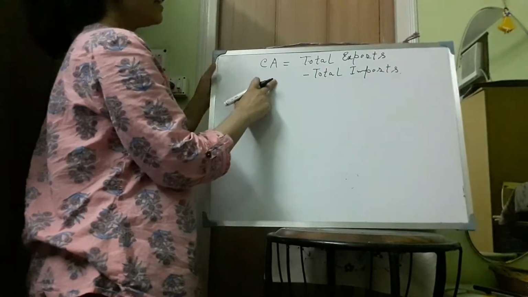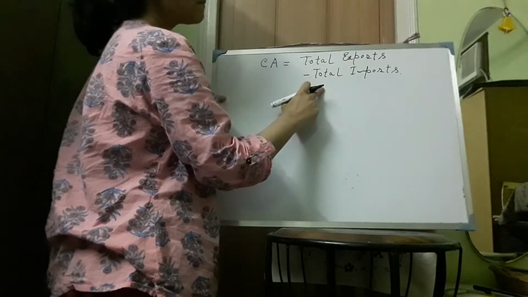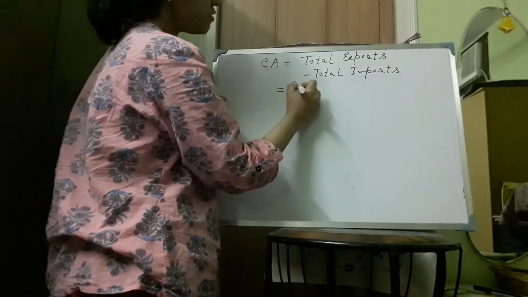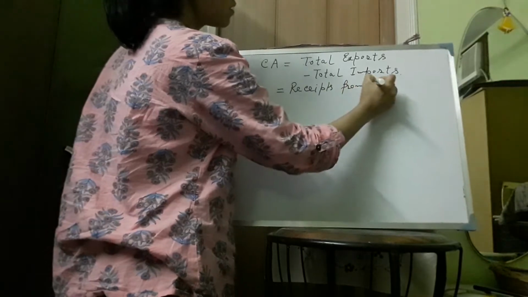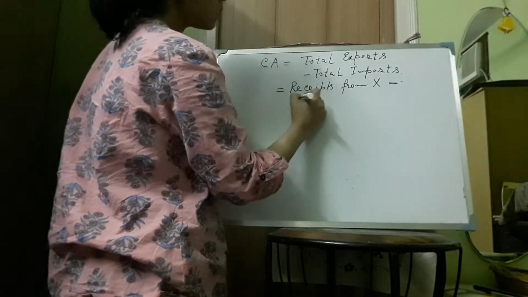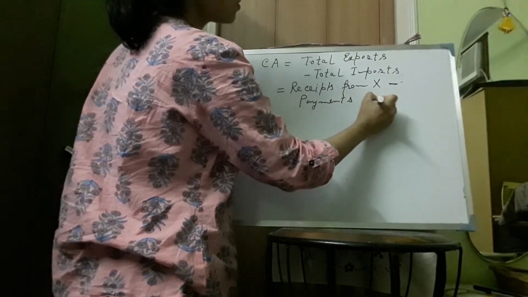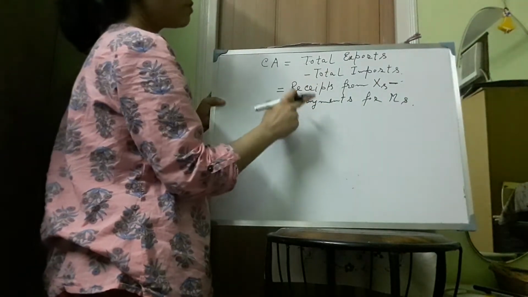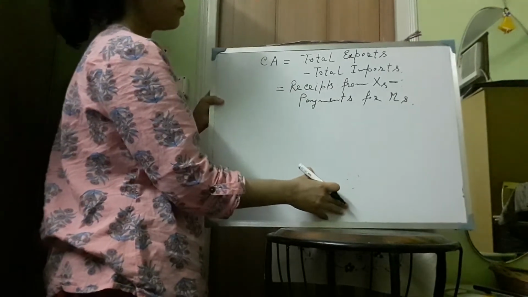Basically, current account is the difference between receipts from exports and the payments due to imports. So receipts from exports minus payments for imports constitutes the current account.